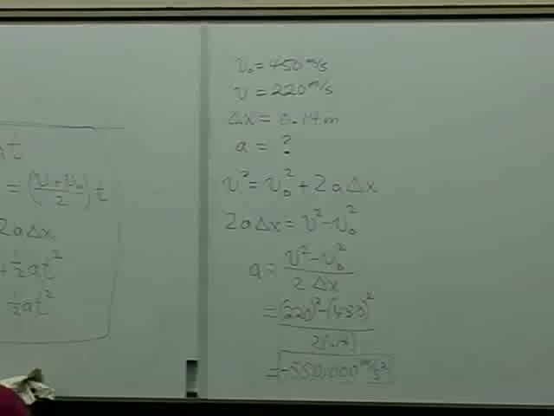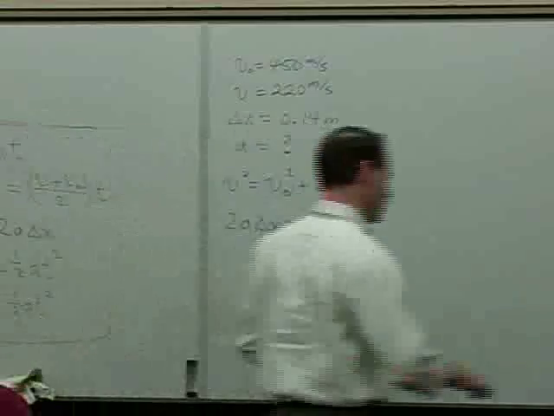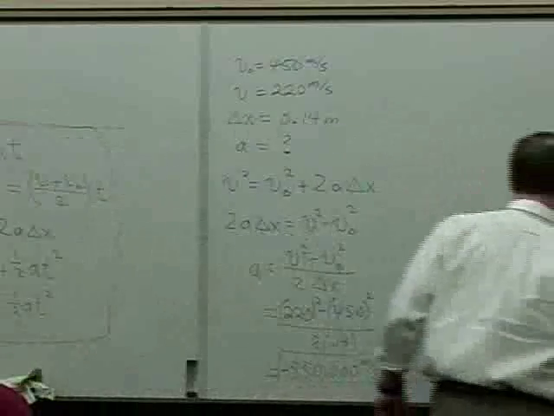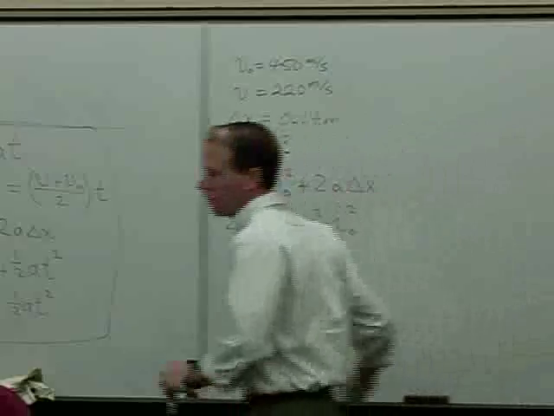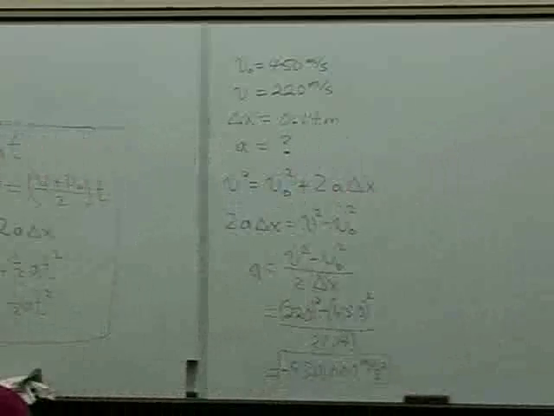It'll be a negative 550 kilometers per second squared. So already those equations are coming into play. It's kind of nice, so we don't have to worry as much about the other stuff, just those 5 equations.